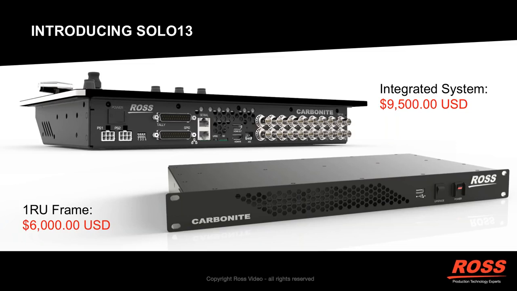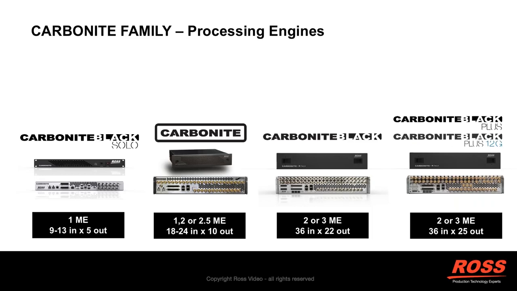So let's take a quick look at the overall Carbonite range, the Carbonite family in general. It starts, of course, with the one we've just talked about, the Solo. Then we step up a size, and we're into the Carbonite family. Carbonite was the original mid-size production switcher that we introduced, incredibly popular.